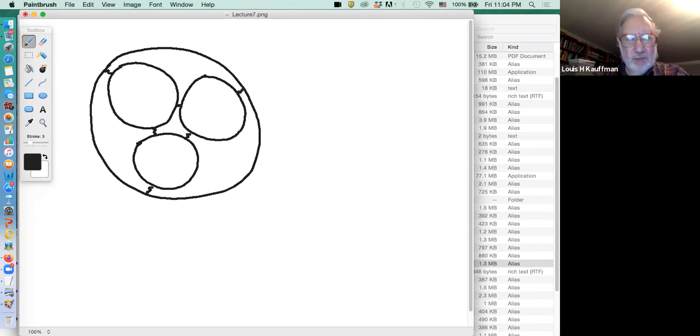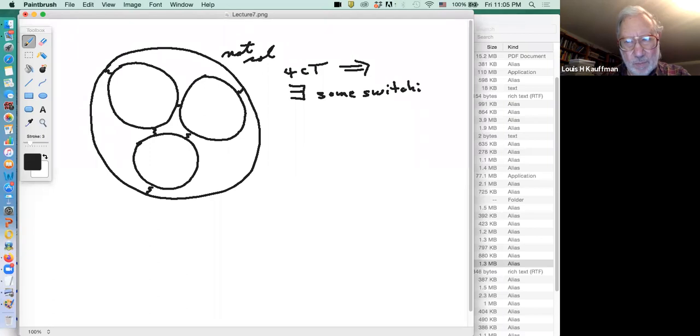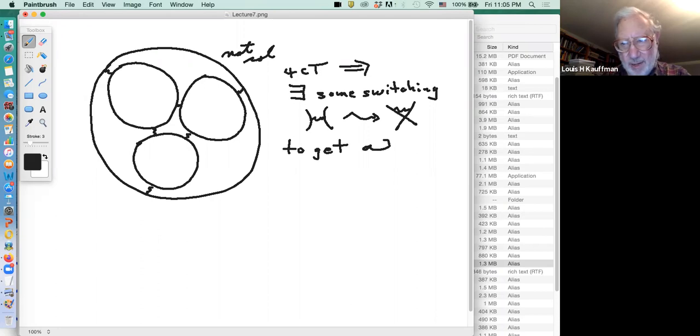So this is for circles mutually touching. This is not colorable. Four-color theorem implies that there exists some switching of the kind, replace this by this, to get a three-colorable state.